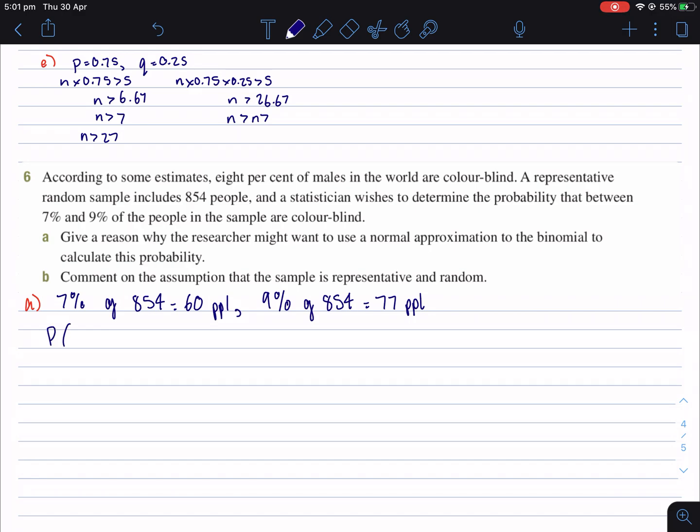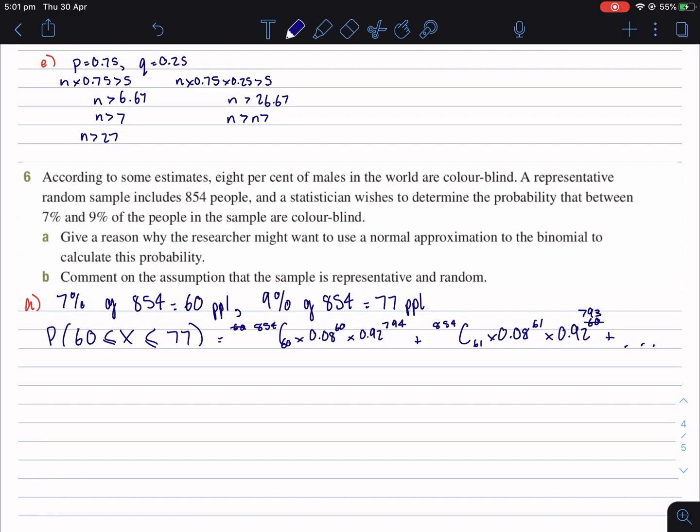To calculate the probability that between 60 and 77 people are colourblind, you would have to do 854 C 60 times 0.08 to the 60 times 0.92 to the 794, plus 854 C 61 times 0.08 to the 61 times 0.92 to the 793, plus... it's a huge calculation.